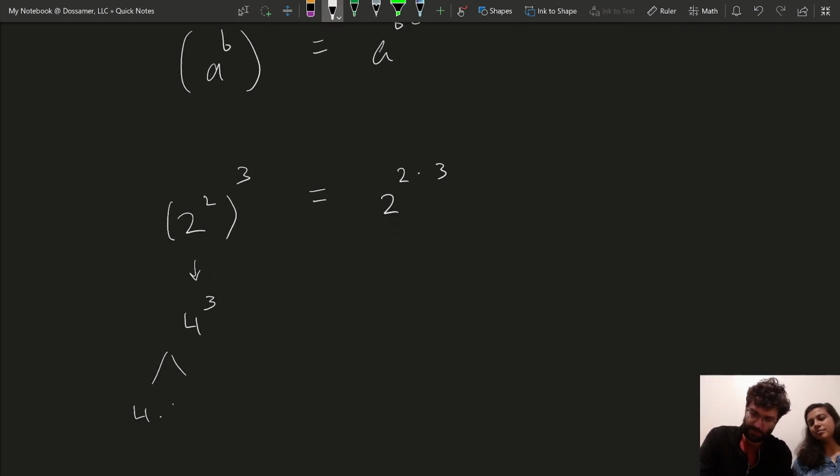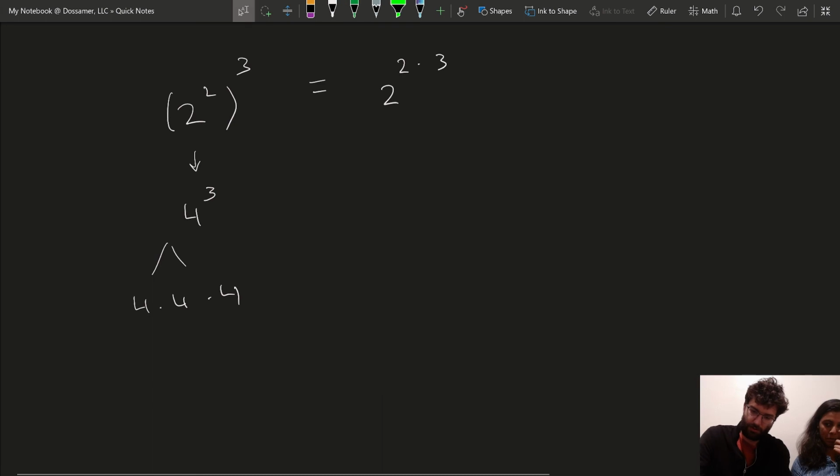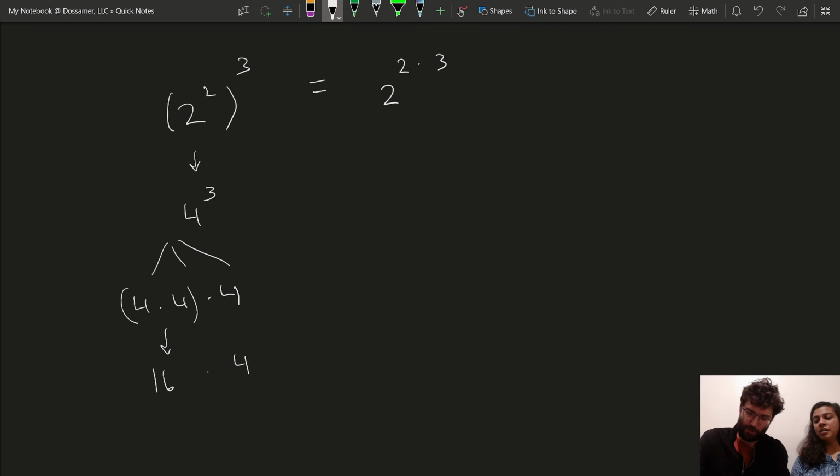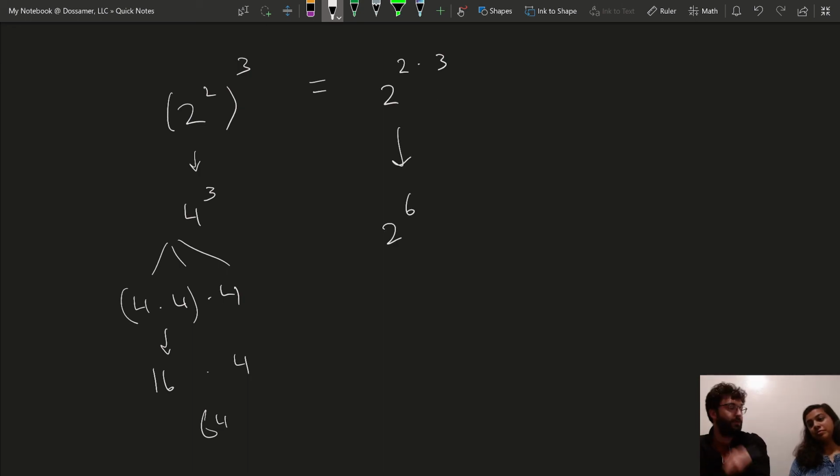Do you know what 2 to the 6 is off the top of your head? Yes, 64. But there's an easy way of getting there. 2 squared is what? 4. And 4 cubed is? 64. We know that because it's 4 times 4 times 4. And grouping, 16, 4, 40, 24, 64. But up here, 2 to the 2, 3, is 2 to the 6.